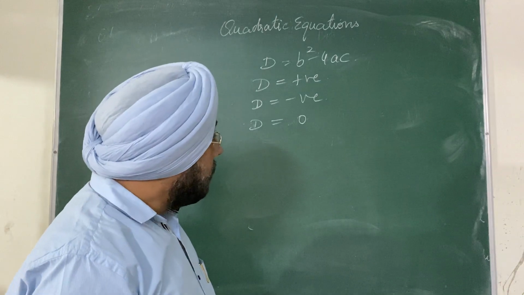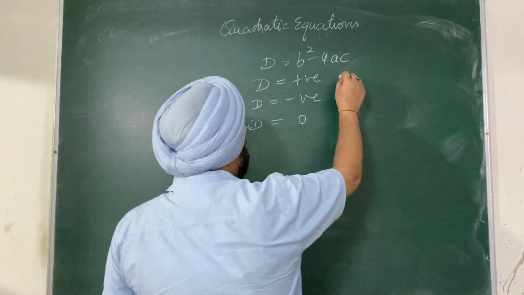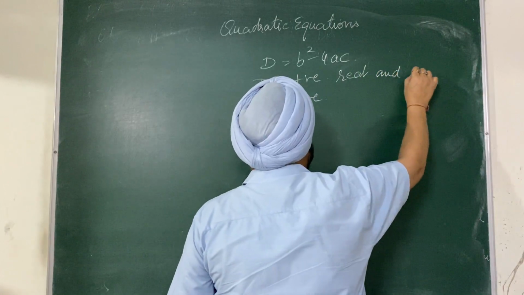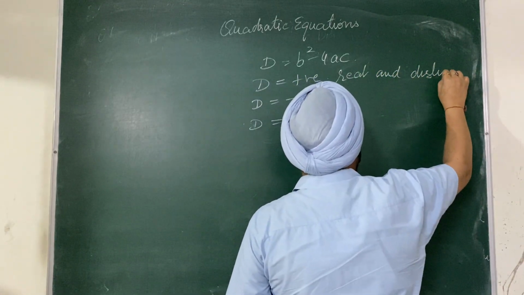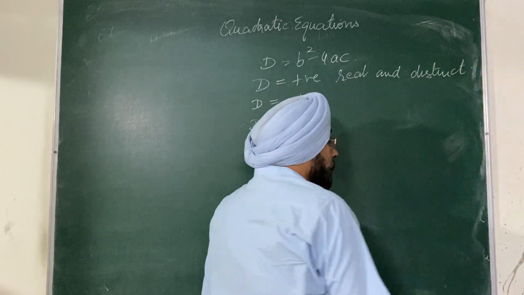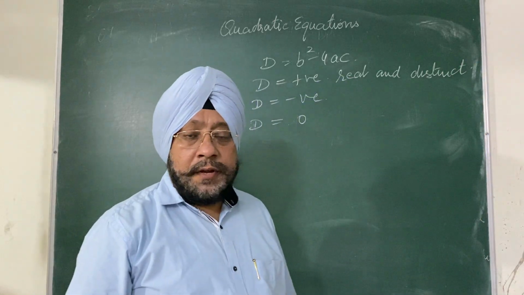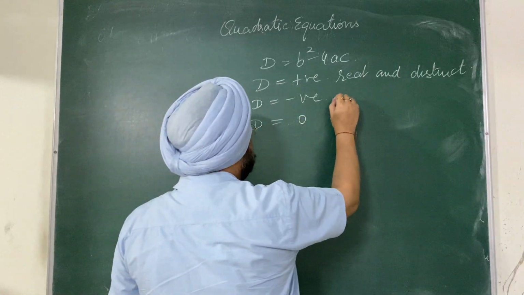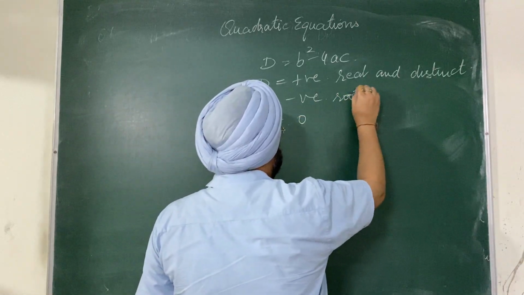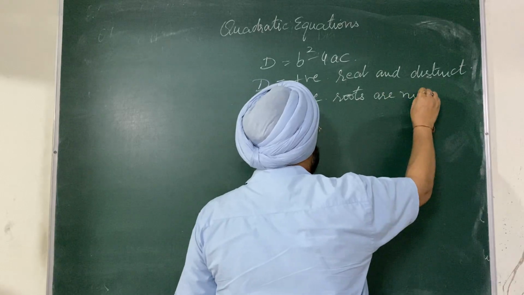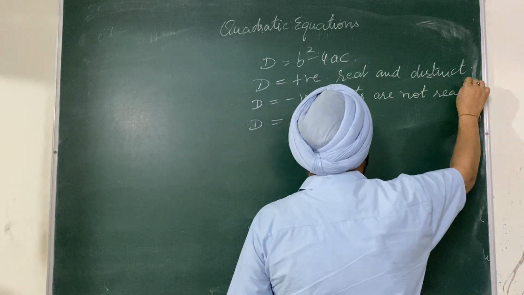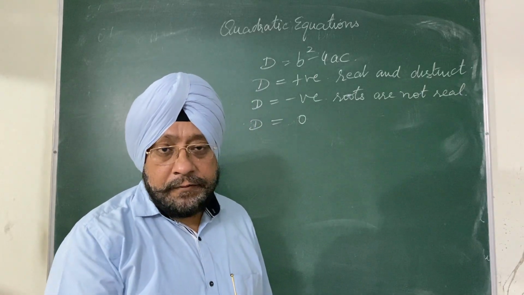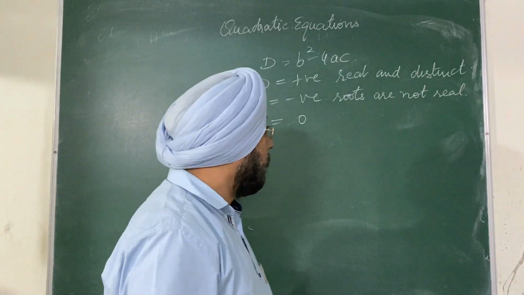If D is positive, the roots are always real and distinct. Means we have two particular different roots. If D is negative, roots are not real, so we are unable to find the zeros if D is negative.